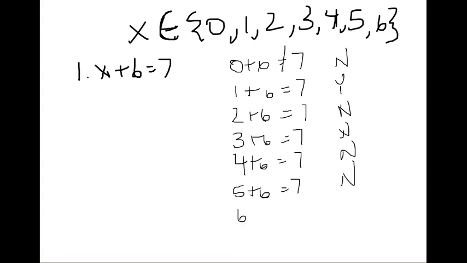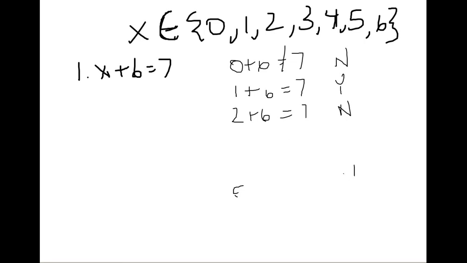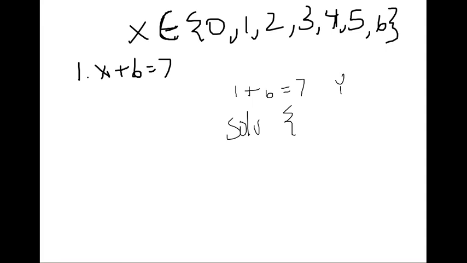No. And 6 plus 6 equals 7? I know that's not a lot of fun, but for right now, I need you to go ahead and show me those steps. So for this one, the only one that worked was 1, because 1 plus 6 equals 7. So my solution is just 1.